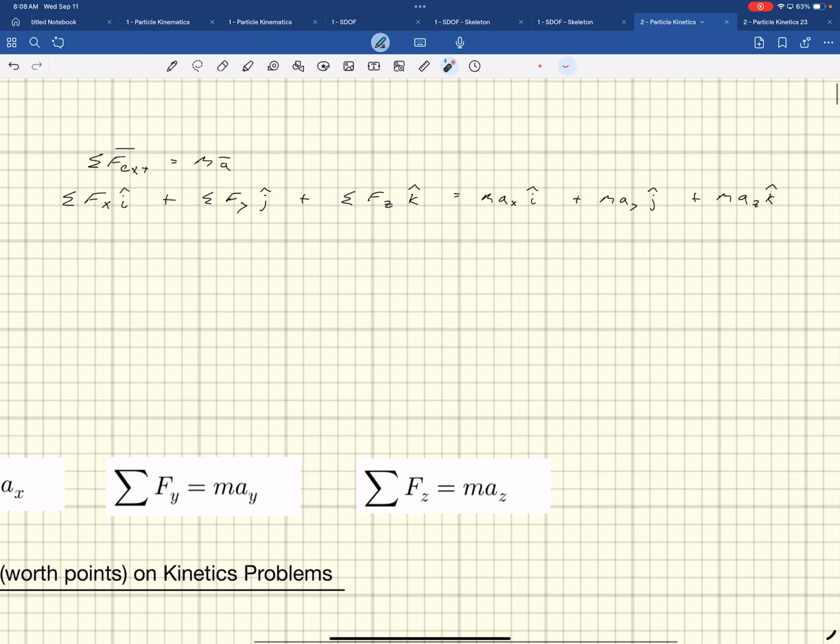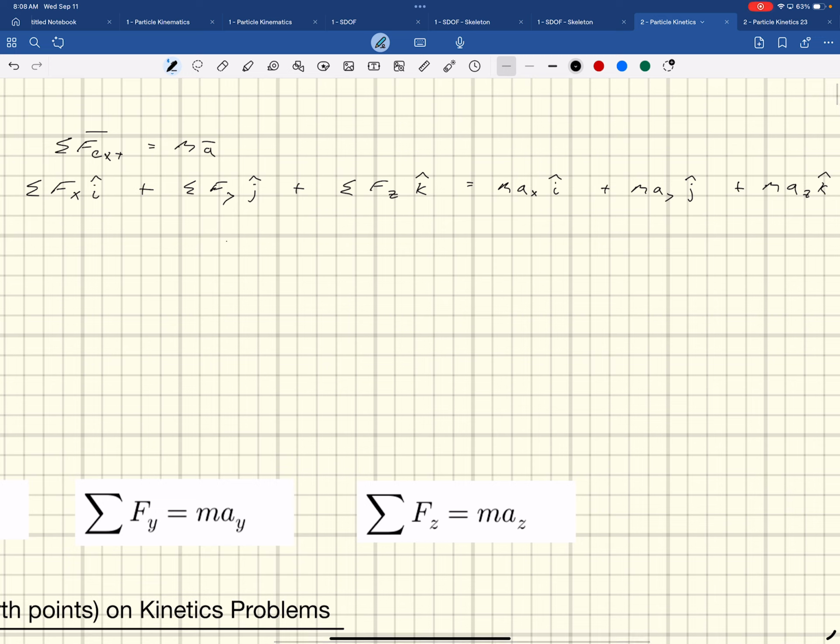Again, sometimes you deal with vectors like this, and if you want to do it this way, go for it. You can call this sum of the forces x, sum of the forces y, sum of the forces z, written in brackets, equal to mass times acceleration x, acceleration y, acceleration z.